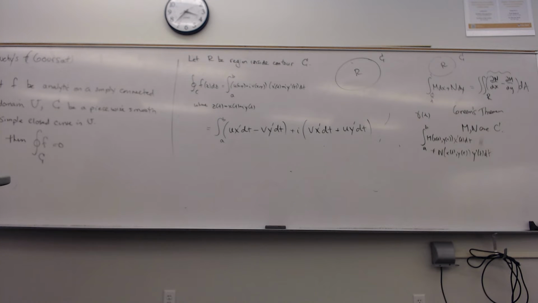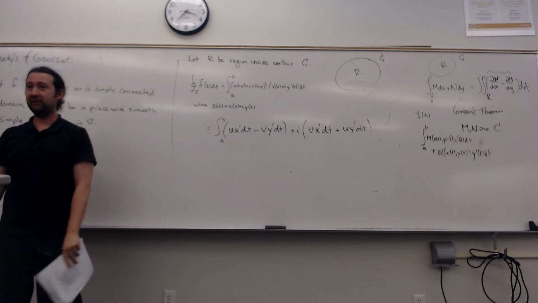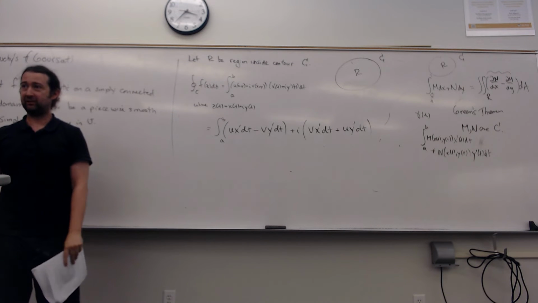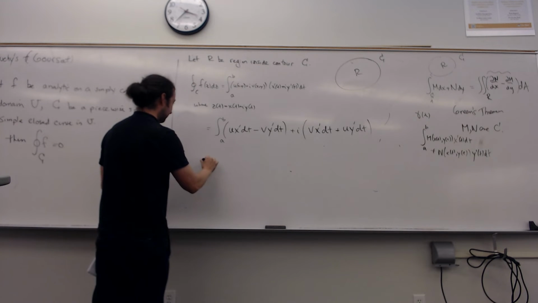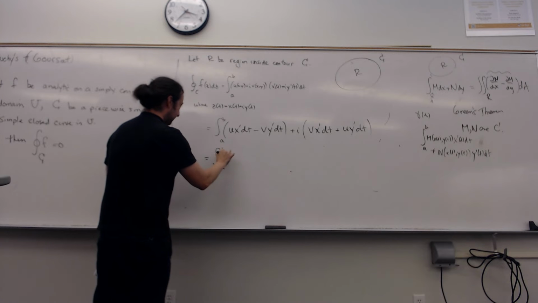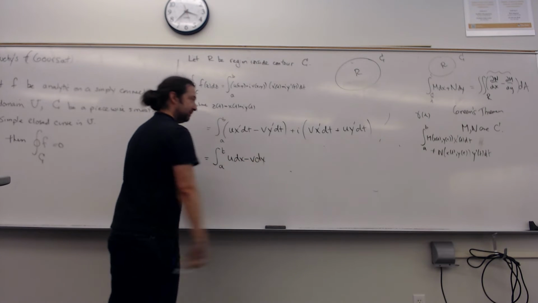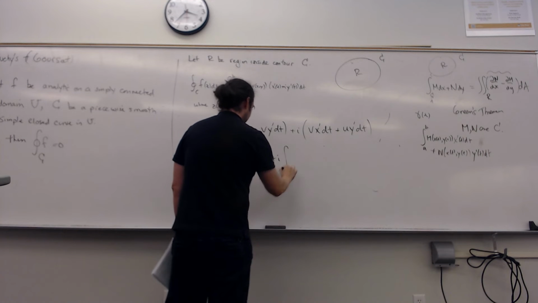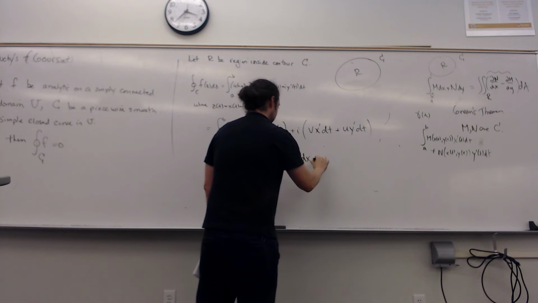Now, if you remember your multivariable calculus, every time I write x prime dt, that's dx. That's the definition of the differential dx. So this is really the integral from a to b of u dx minus v dy plus i times the integral from a to b of v dx plus u dy.